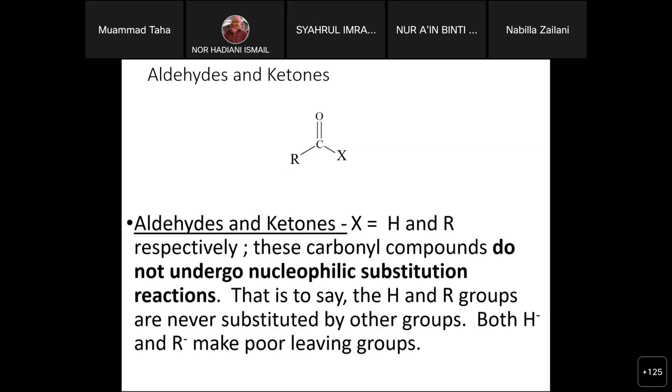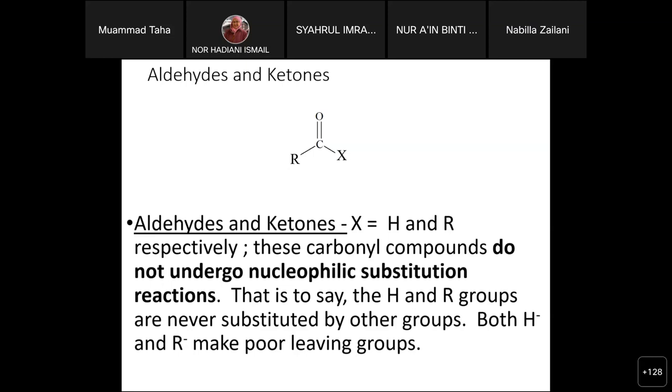Because hydrogen and carbon chains are very poor leaving groups. They cannot leave if, for example, the tetrahedral intermediate forms, but because the Y group of aldehydes and ketones is a very poor leaving group, it will reverse back. It will not form the product after the elimination of the leaving group.